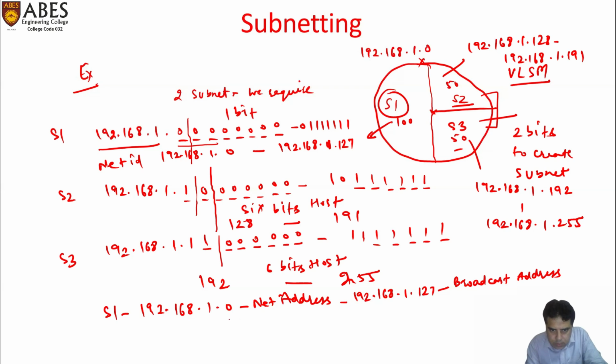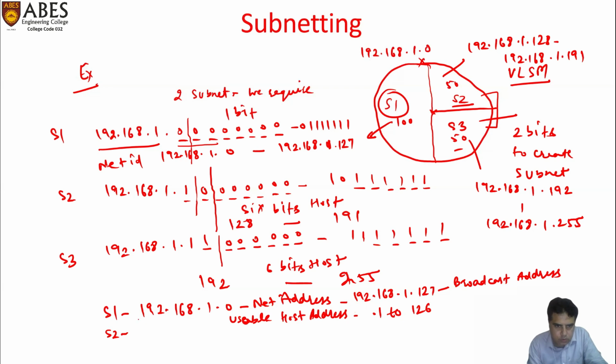So the usable host addresses are from .1 to .126.